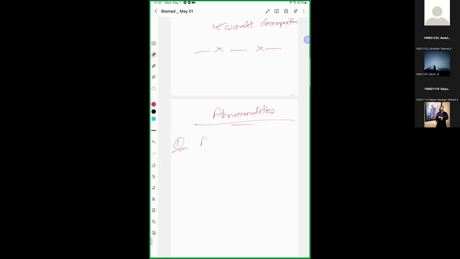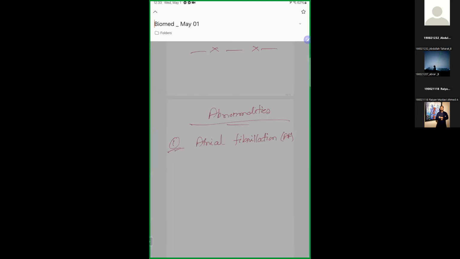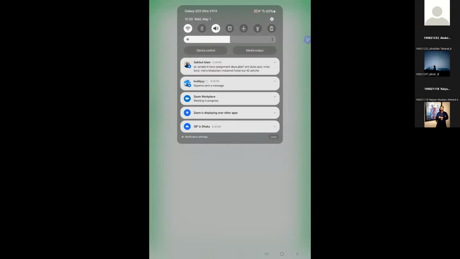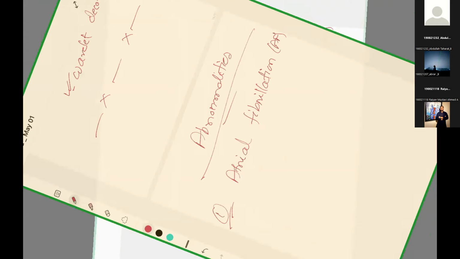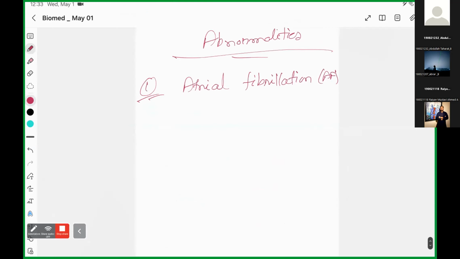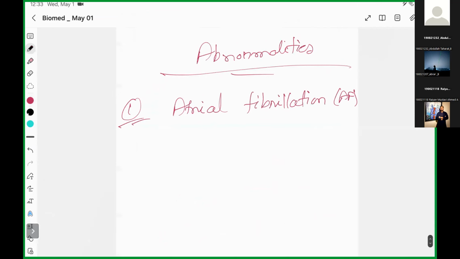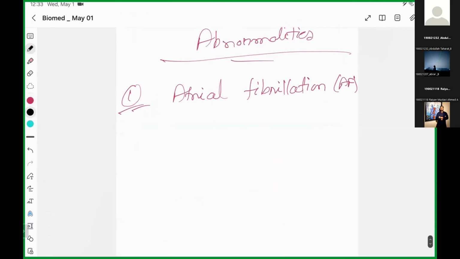So this is called atrial fibrillation, in short, AF. Atrial fibrillation is a very common type of arrhythmia.